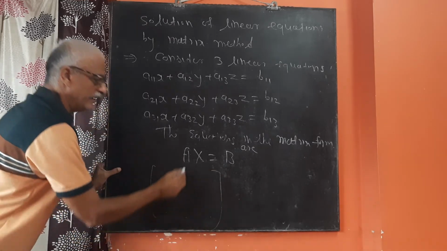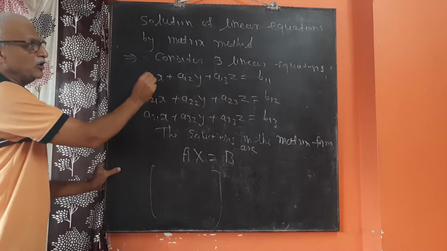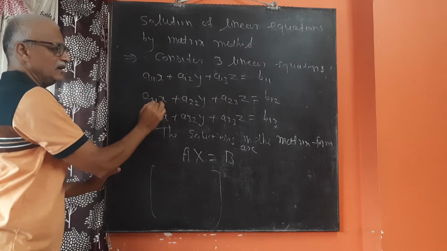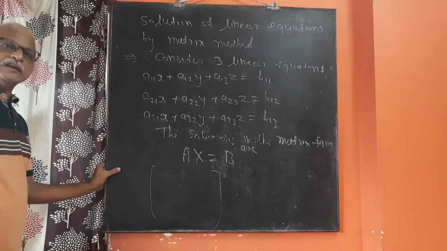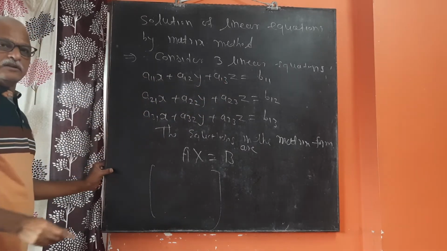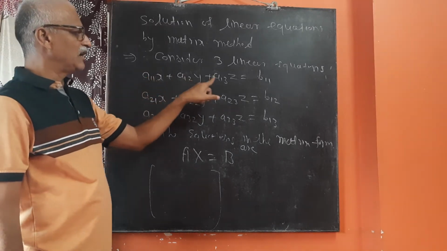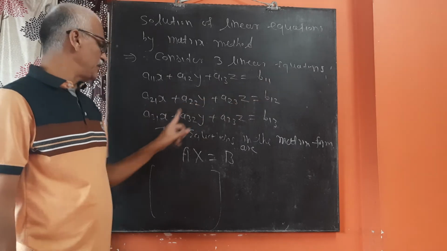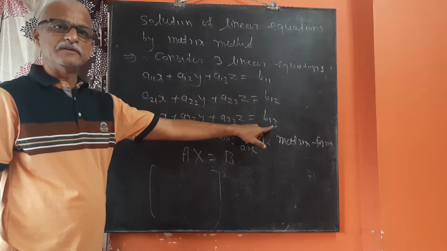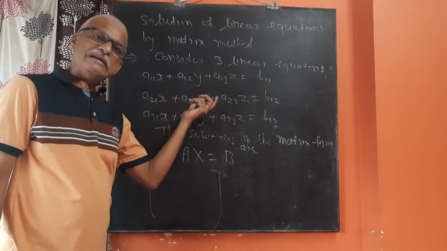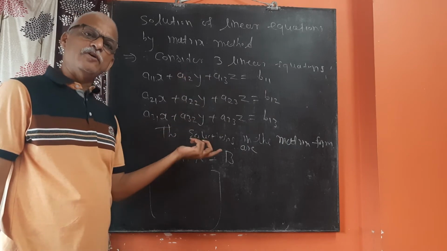matrix A means the coefficients of x, y, z from all three equations. See here, we have considered the three linear equations as a11x, a12y, a13z equals b11, up to the last one, that is b13. Then we have to put these three equations in matrix form.